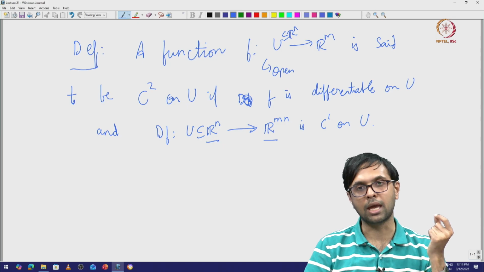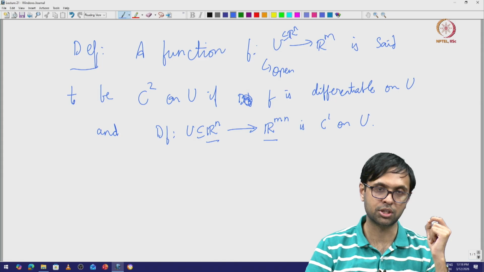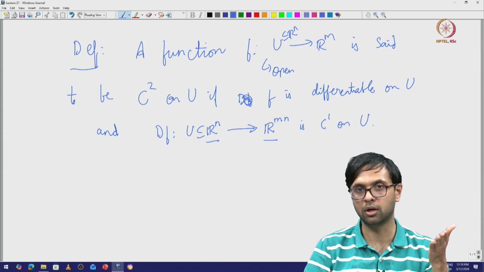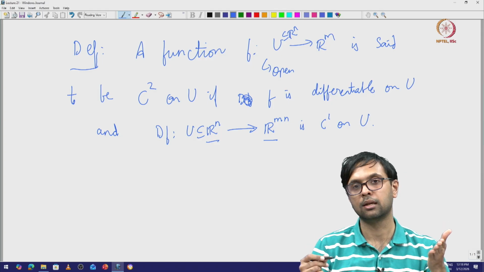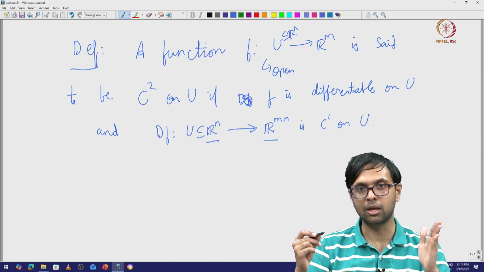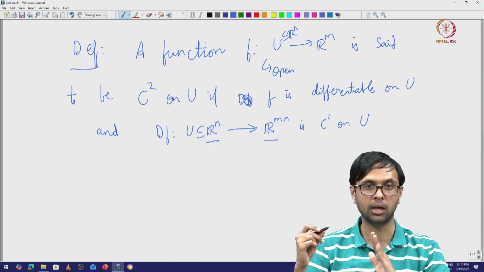Recall that it means all of its partial derivatives exist, in other words the derivative matrix exists, the matrix of partial derivatives, and this matrix valued function is continuous in its own right.